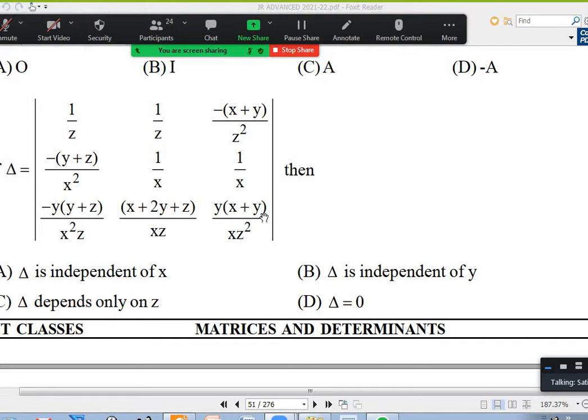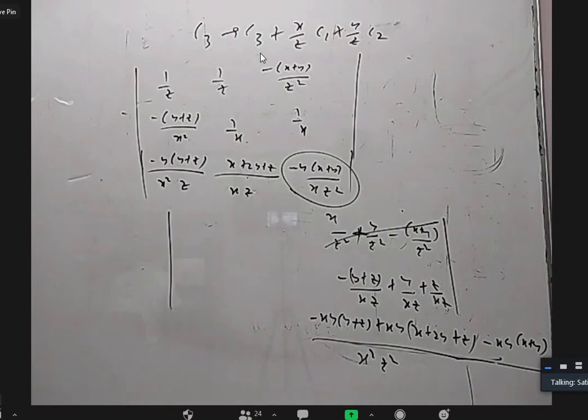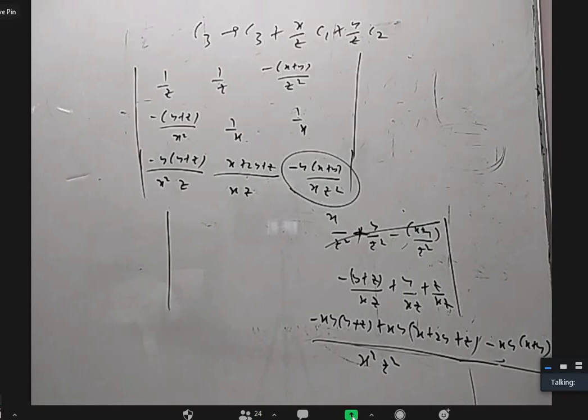Yeah, there should be minus. Mainly that operation I wrote on the top: column 3 as column 3 plus xyz times column 1 plus yz times column 2. That is sufficient.